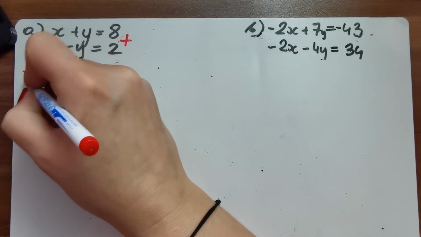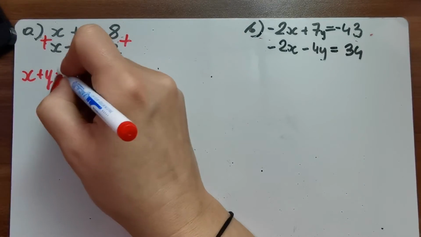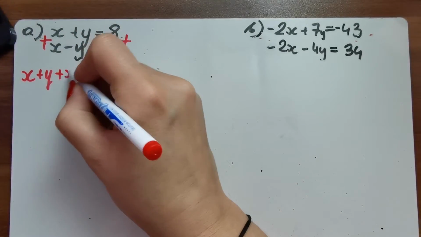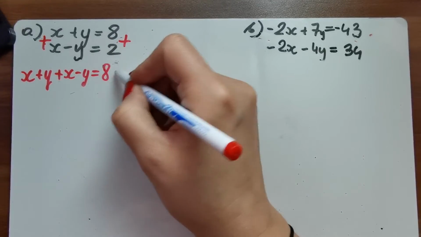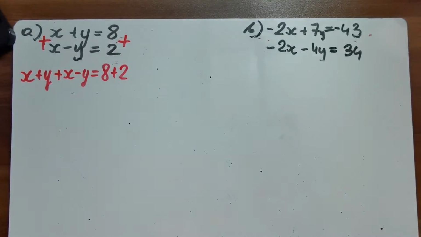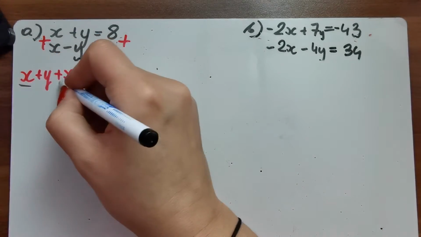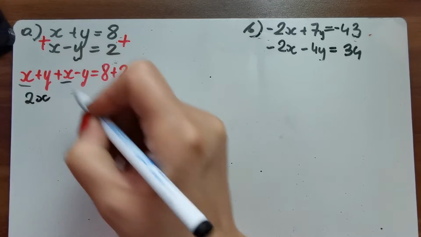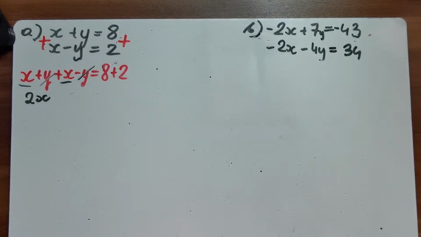So from the first equation I have x plus y, plus from the second equation x take away y, is equal to the first equation's 8 plus the second's 2. Collect like terms: x plus x is equal to 2x, and y take away y is equal to 0.